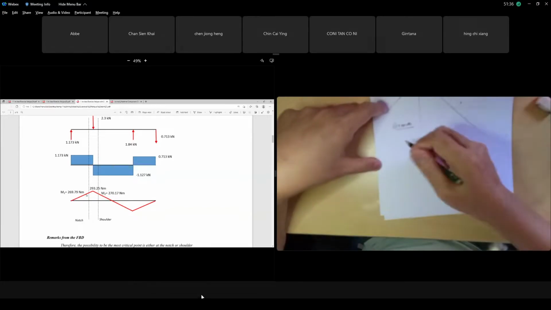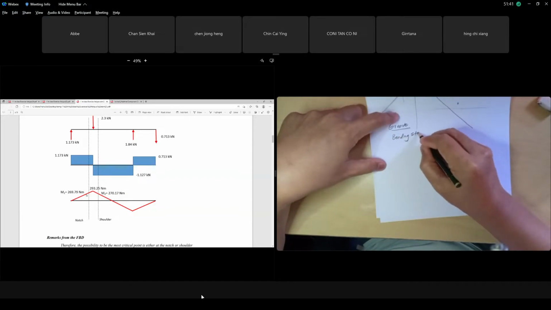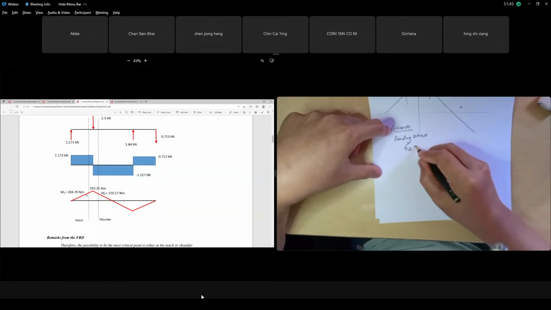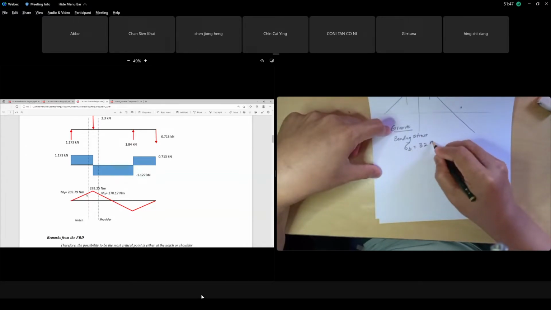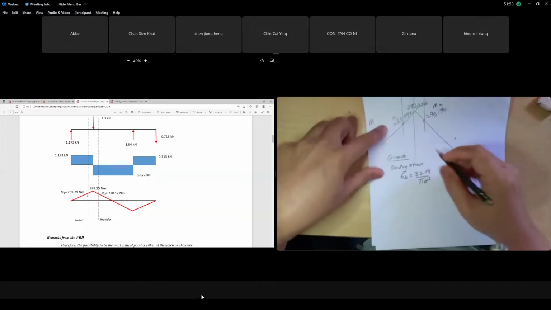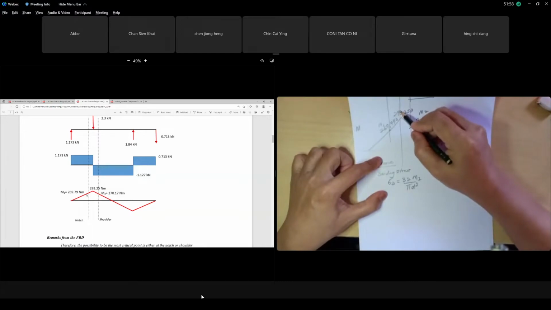Sigma bending, this is the case at the groove. Sigma bending is 32 M over pi d cubed. For the groove, the moment is the moment at the groove location, which is M1. I'm using M1. I'm not using the moment at A, 293,250.